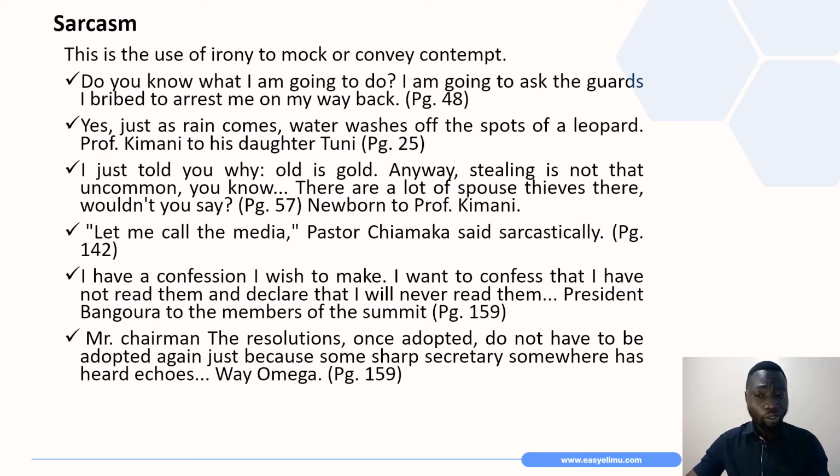Then we also have Pastor Chiamaka saying, let me call the media. Pastor Chiamaka says sarcastically, page 142. Then it is also funny how President Maguria confesses to the other heads of states, I have a confession to make.